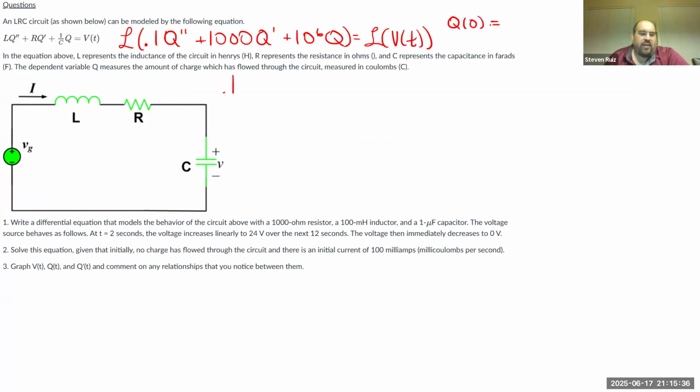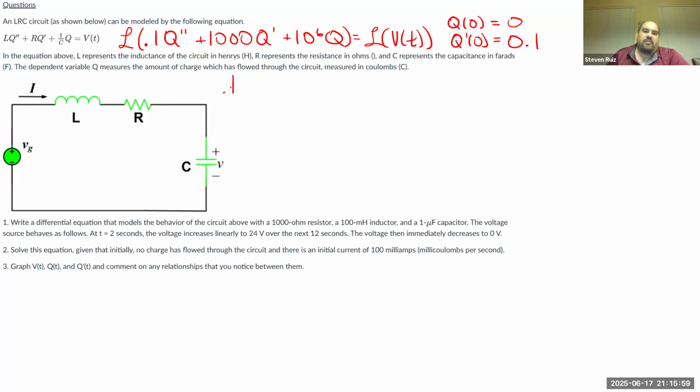Solve this equation given that initially no charges flow to the circuit and there's an initial current of 100 milliamps, or 100 millicoulombs per second. So that implies that Q of 0 equals 0 and Q prime of 0 is 100 milliamps, or 100 over 1,000, or 0.1.